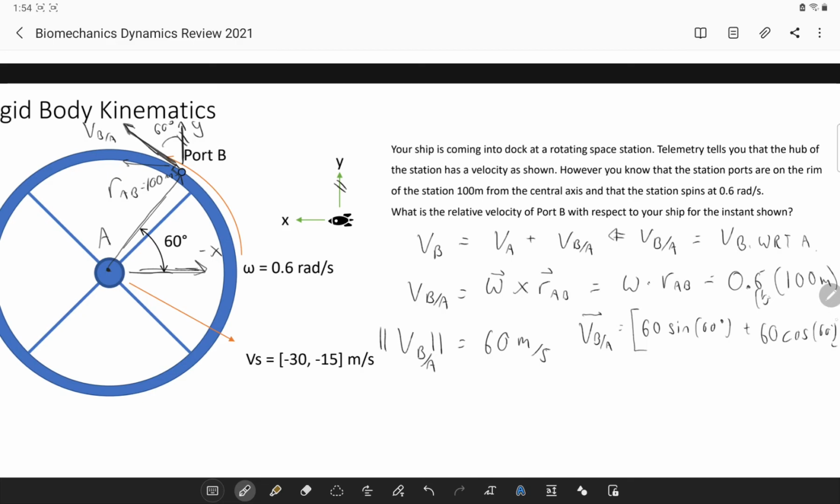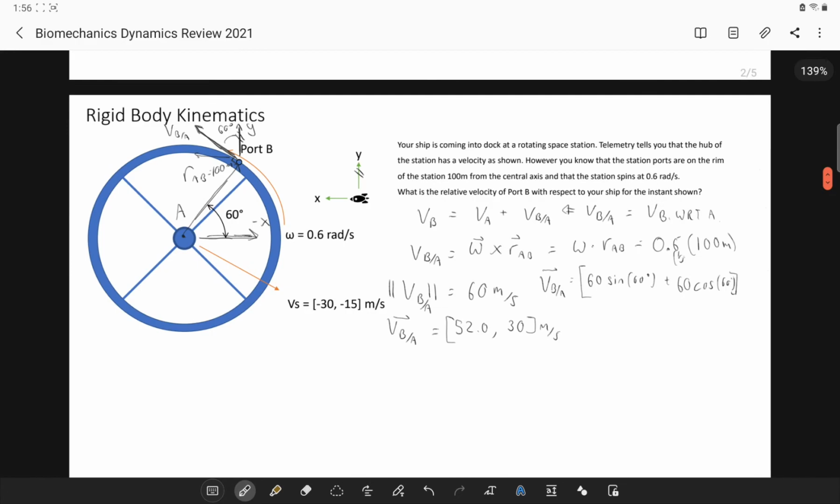I'm running out of room on the edge of the screen. Plugging that into our calculator, it will be positive in both directions: 51.96, which I'll round to 52.0, comma 30, in meters per second. That's the vector form of the velocity of B with respect to A, and I think that makes sense relative to the coordinate system I've defined for my spaceship.